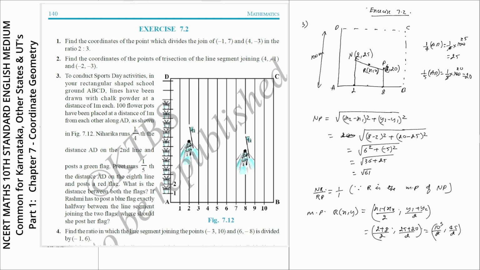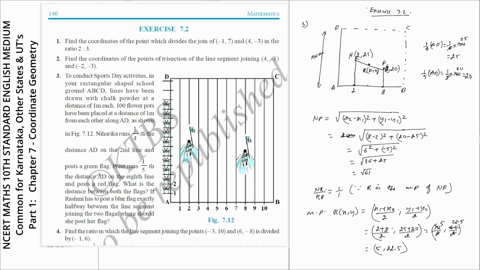So 2 ones are 2, 2 fives are 10, so 5 comma, that one also I can divide. 2 twos are 4, 2 fives are 10, so 22.5. So 5 comma 22.5.